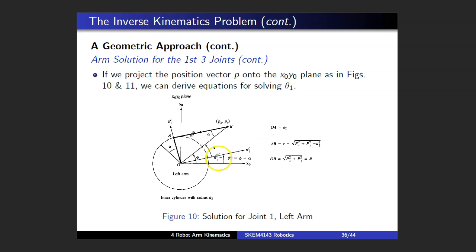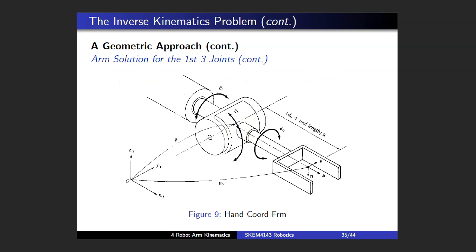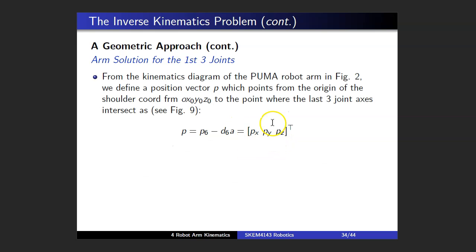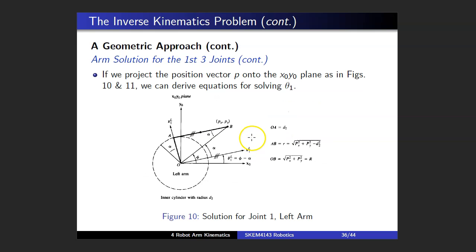OB is our point P, and because we have projected onto x0, y0, this point is Px, Py. So OB is the square root of Px squared plus Py squared.